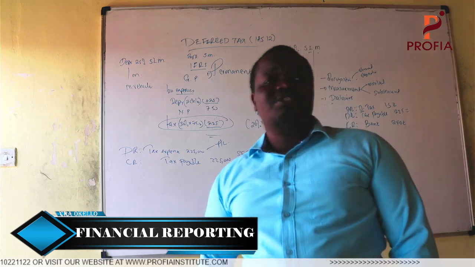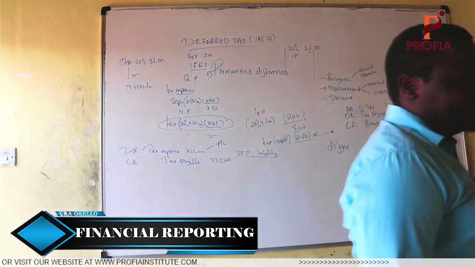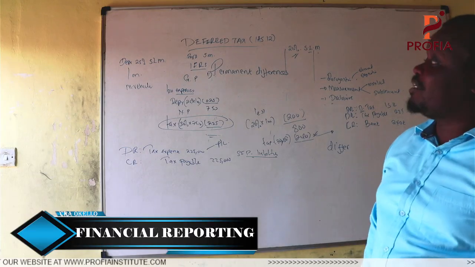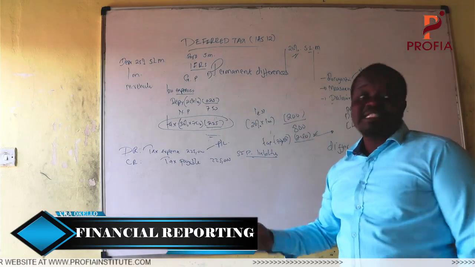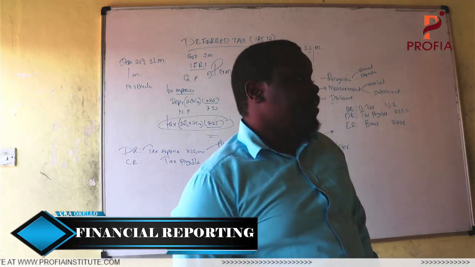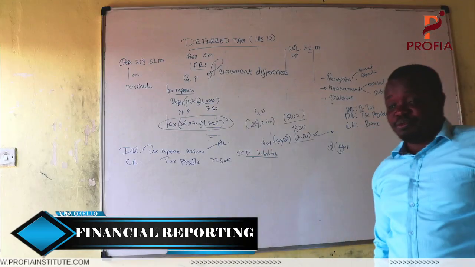Deferred tax should go just before taxation. Financial reporting is under section 4, tax in section 3. Because this topic makes sense if you have already learned something to do with taxation.